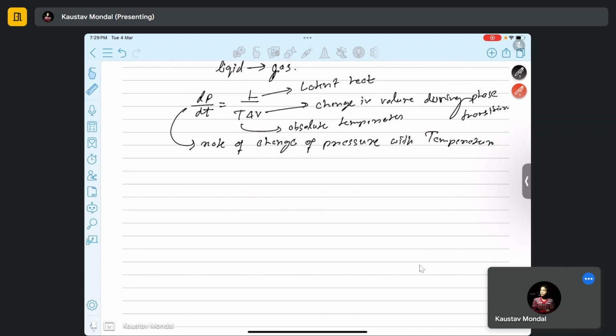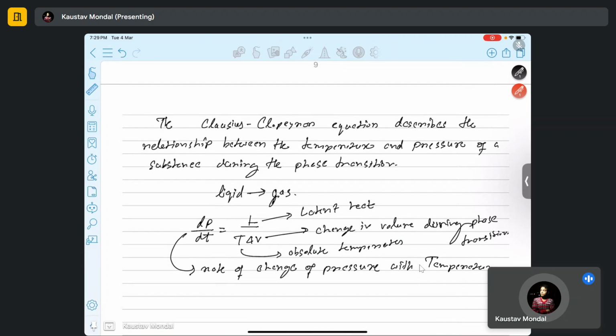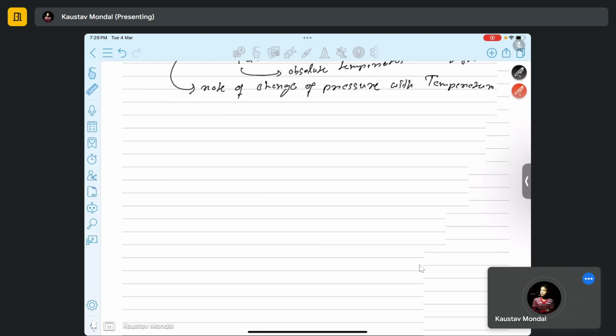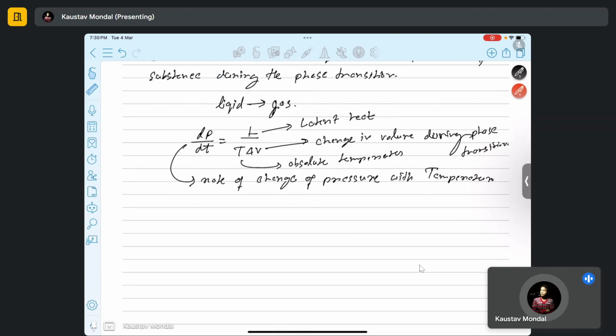Okay, latent heat is given, the difference between molar volume is given. Molar volume. Oh, so the difference in the molar volume we have to calculate. Okay, so now let's write it one by one.